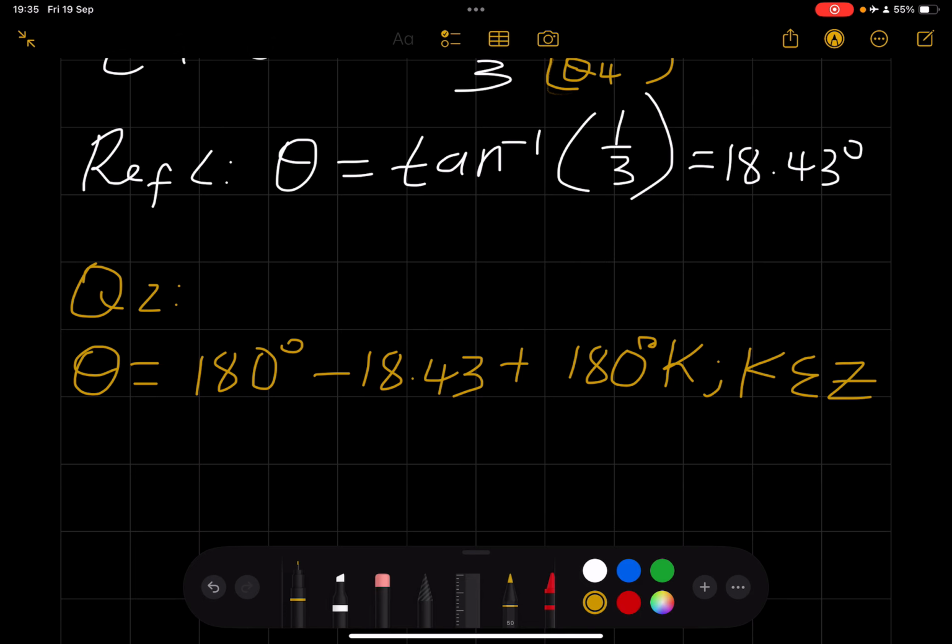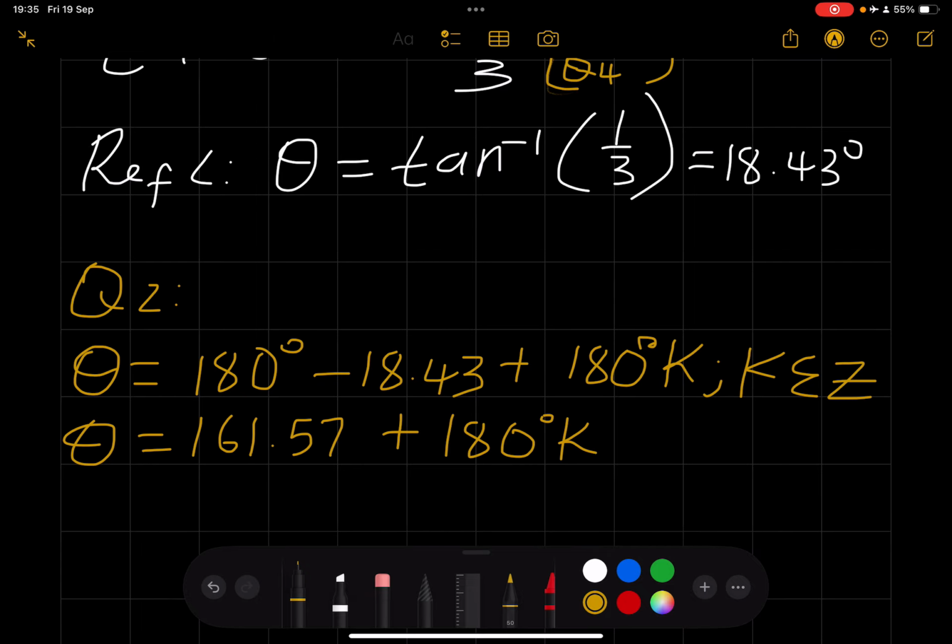And then we're going to say theta is equals to 161.57 plus 180 degrees K. All right. And then because we're working with tan, we're only going to do one quadrant. You are not supposed to do both because you're not going to get marks for another one. For tan, we only do one solution. Sine and cos, you do 2.